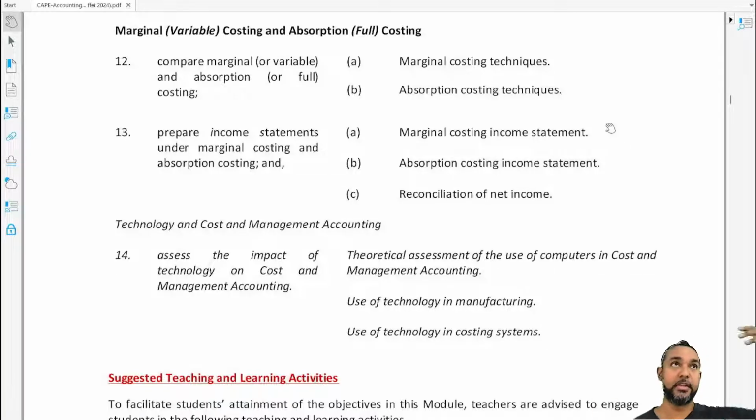Remember, very early on in Module 1, when we did manufacturing, even before that, classifications of costs, we met this distinction between product costs and period costs. Product costs are the costs to make the product: all manufacturing production costs, direct materials, direct labor, overheads, anything that can be linked to the manufacturing aspect of the operation.